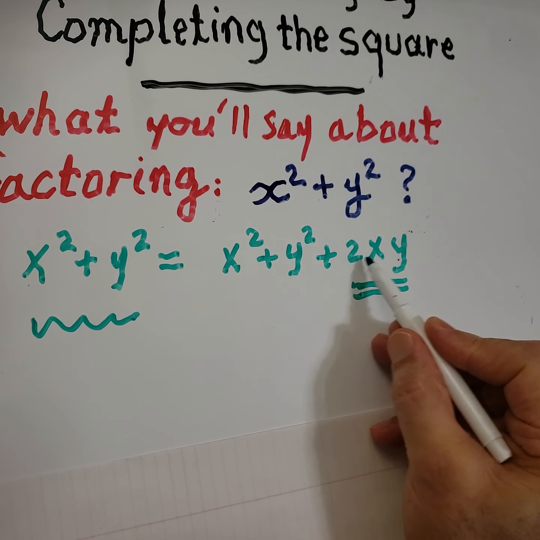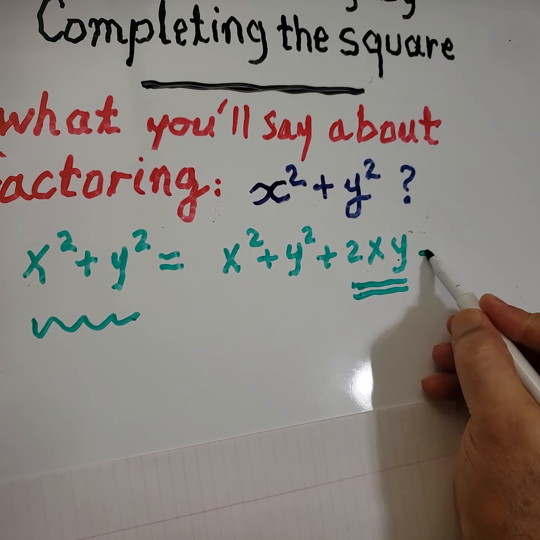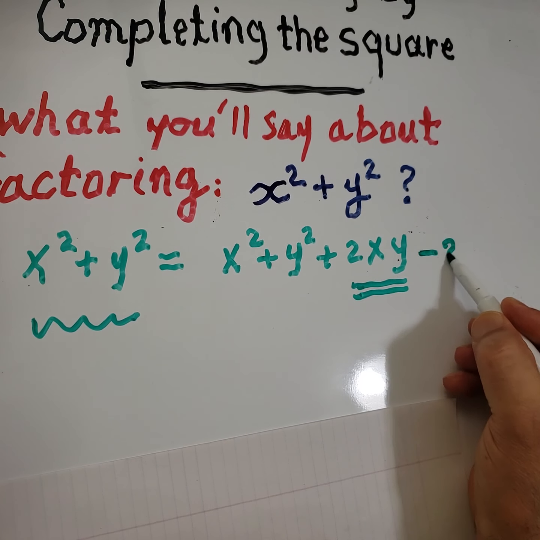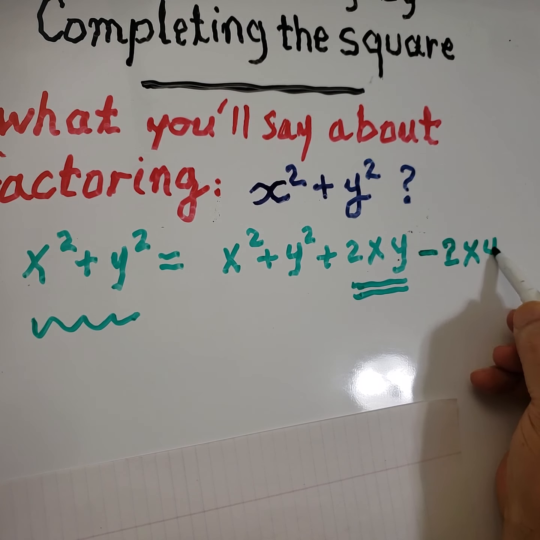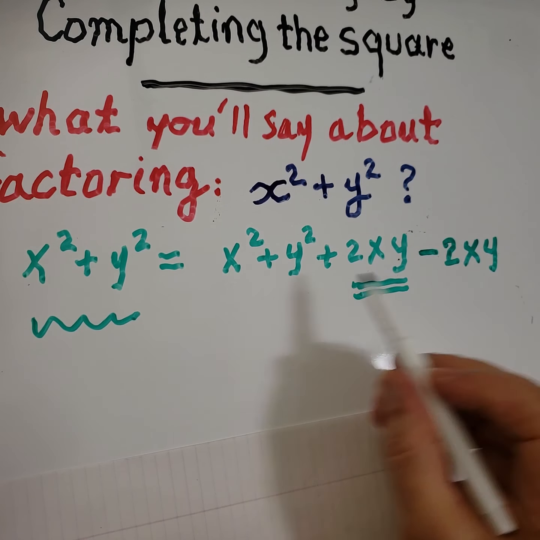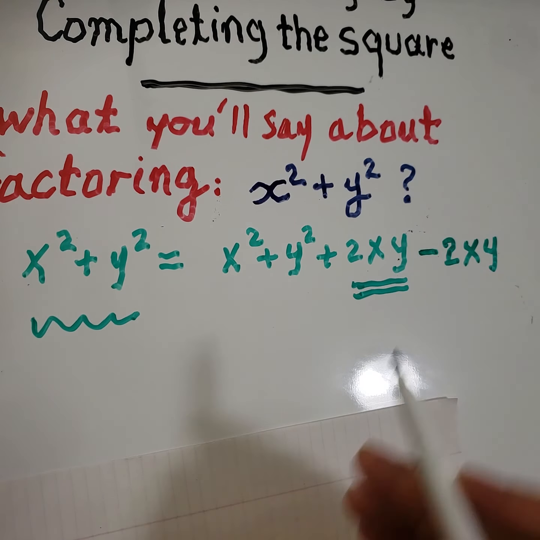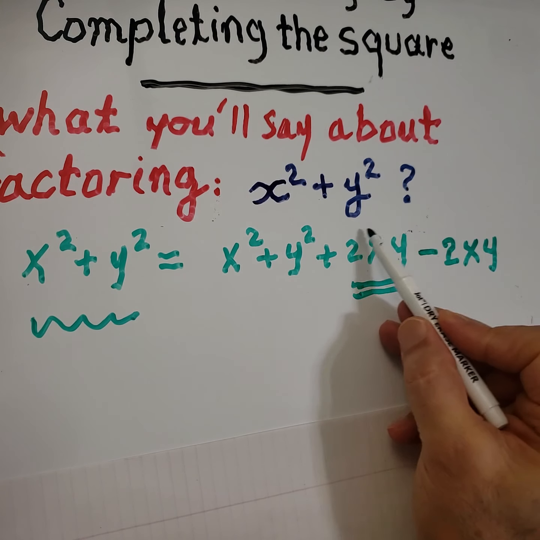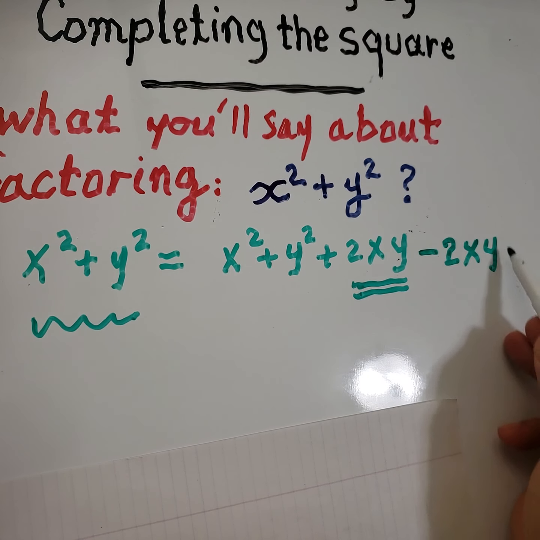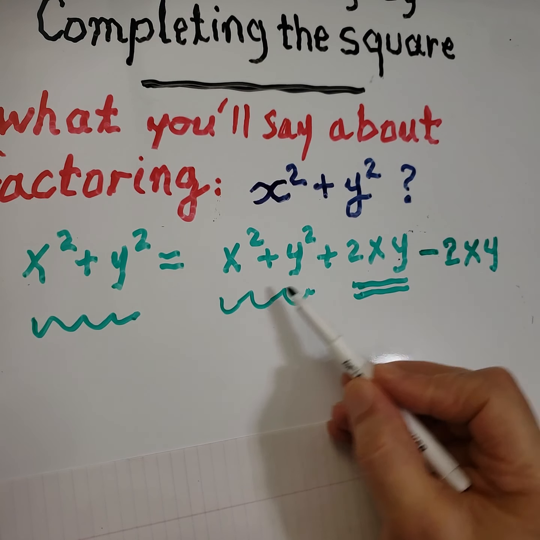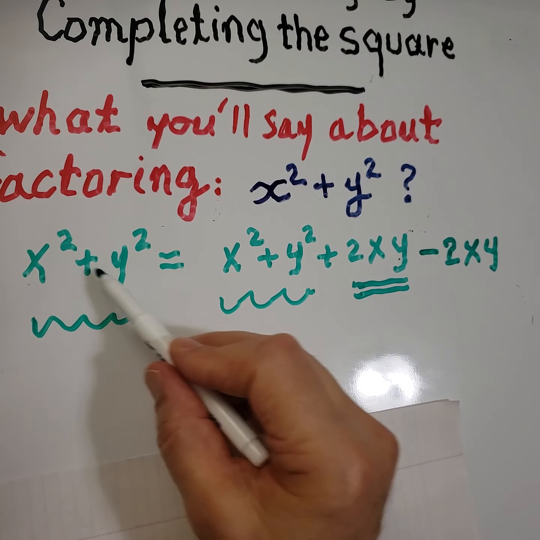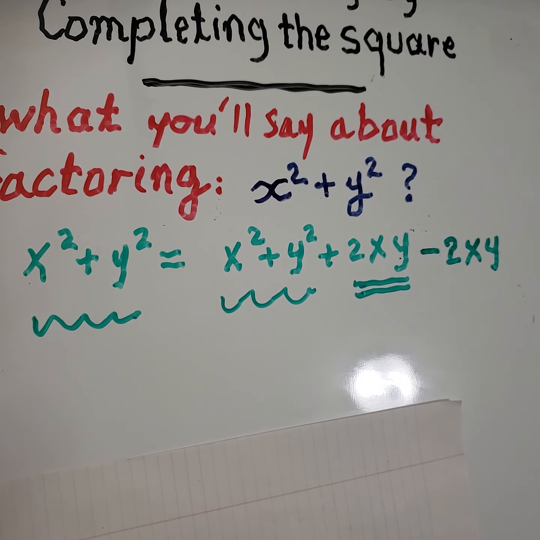So this what we added, we have to subtract it again to make sure we did not change the value. So you see, we added 2xy, then we subtracted it again. Still the same two terms here, just this adding and subtracting.